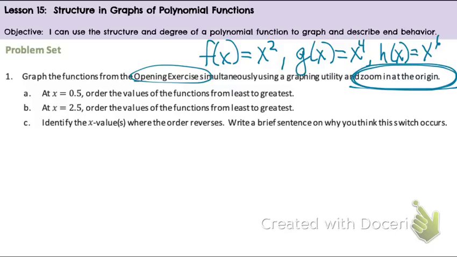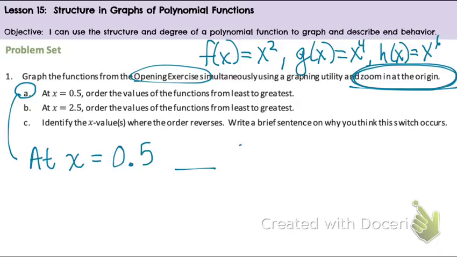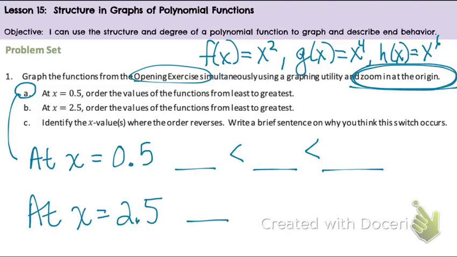So what I want you to do is you're going to zoom in, and for letter A, at x equals 1/2, which equation will give you the smallest value, the medium value, and the largest value? And then go to x equals 2.5 and see which equation has the largest value, the mid value, and then the smallest value, and see if those are the same thing.